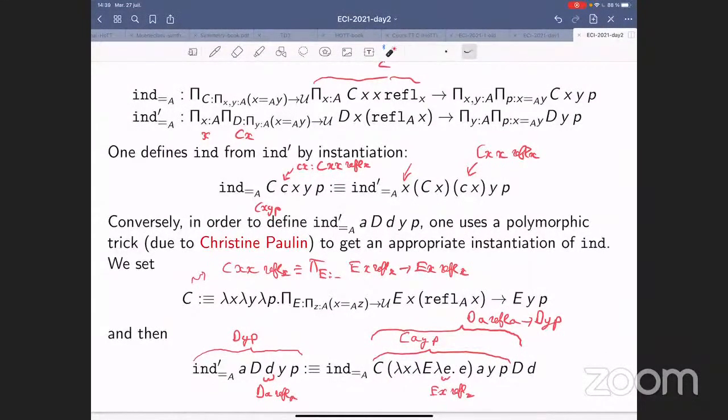So here is this function. What we expect here is a function. Did I write the type? No, but we know the type. This function here should be of this type. It takes an x, and it should return something of type Cx reflex.